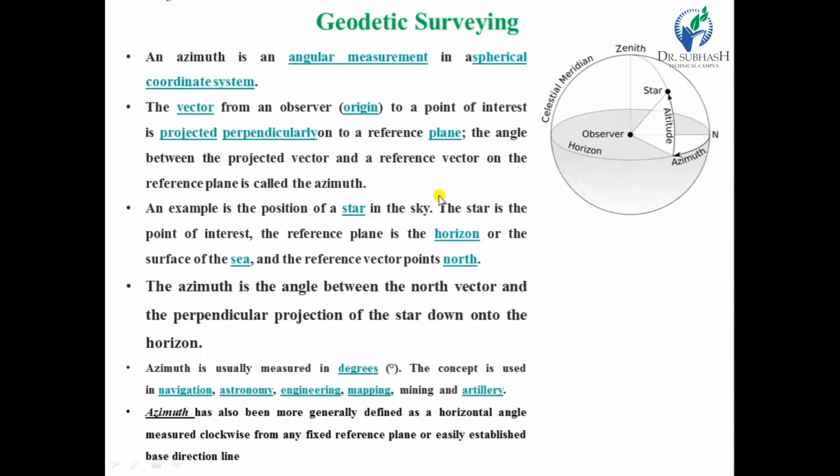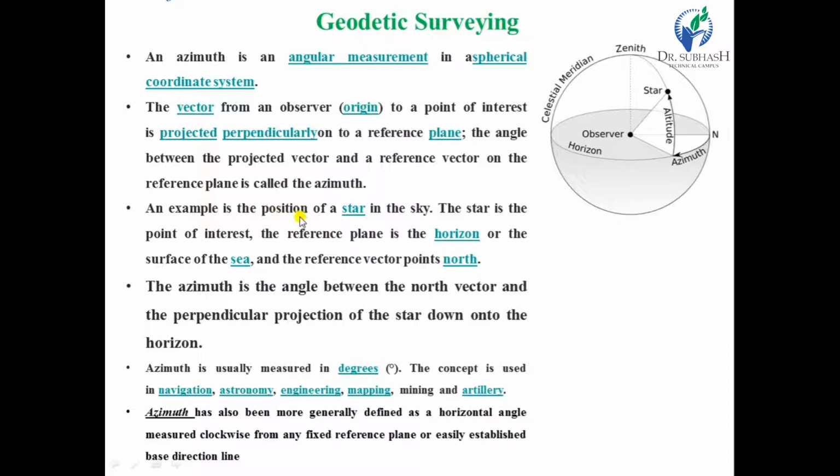The vector from an observer to a point of interest is projected perpendicularly on a reference plane. The angle between the projected vector and the reference vector on the reference plane is called the azimuth. With respect to north, we can measure the azimuth.